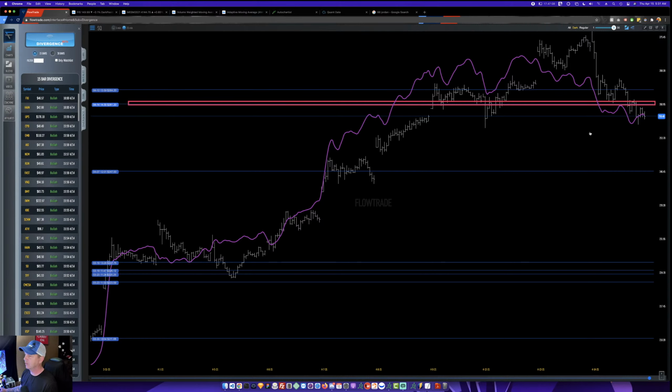Once we break through that, it'll be support up to the next resistance level at 264, which is a previous block trade level. On my chart, the purple line is the Dark Pool Algo. The white bars you see are price action.